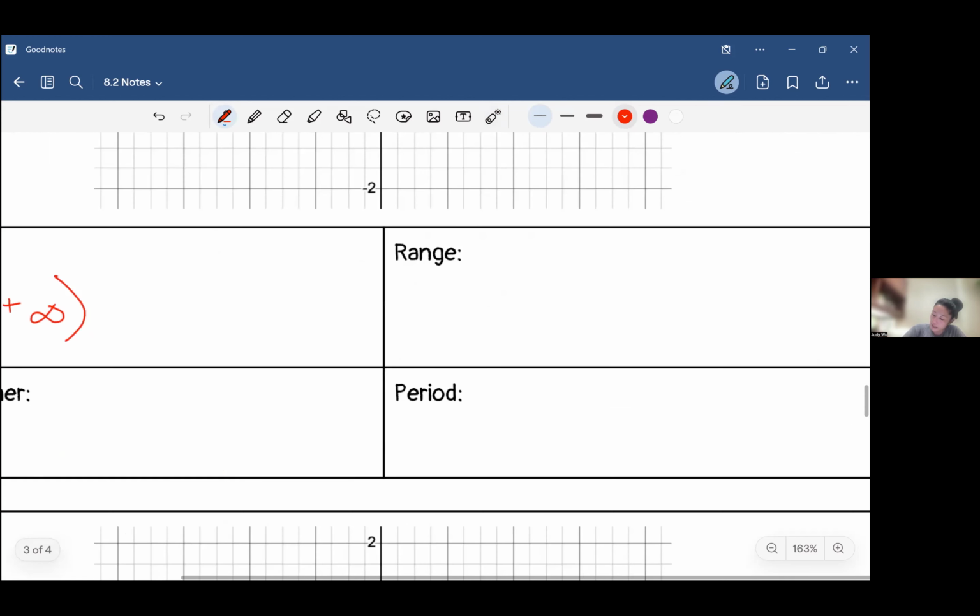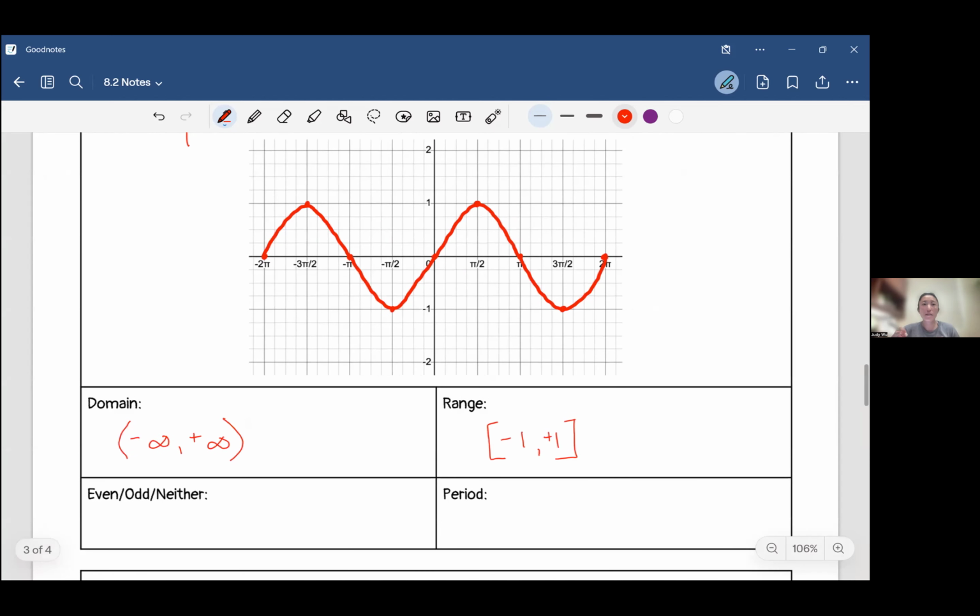So the way we say that is we use the square bracket, from -1 all the way to +1, and we close it again with the square bracket. Okay, so the parentheses means we don't ever really get there, but the square brackets means we get to -1 and we get to +1.